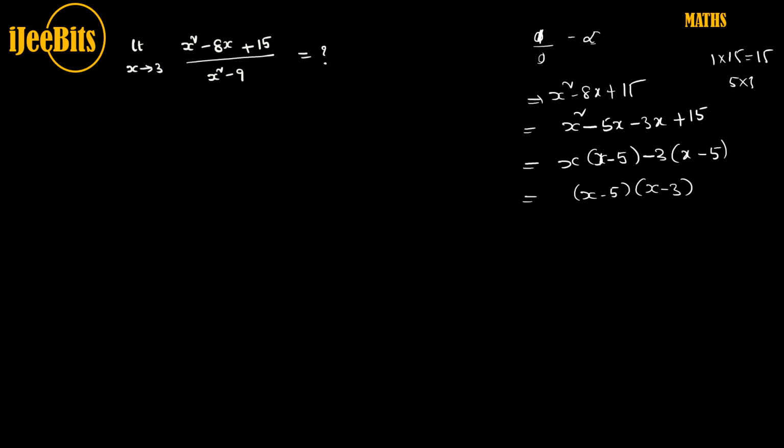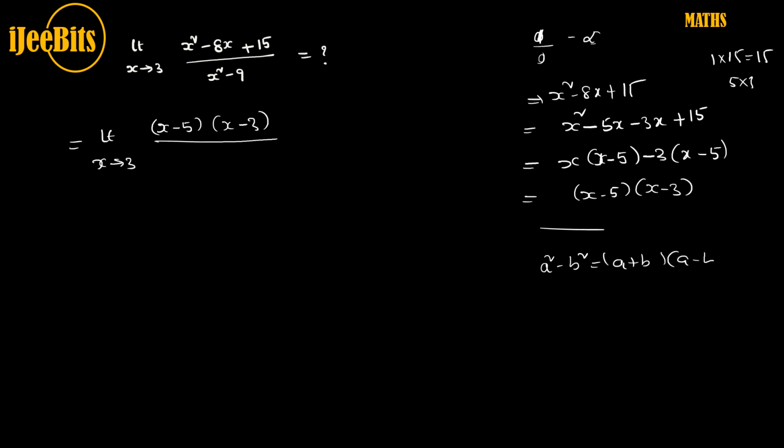So at the end of the day, limit x tends to 3, and then numerator we can say x minus 5, x minus 3, divided by a square minus b square, we know that, right? A square minus b square equal to how much? A plus b into a minus b, correct?